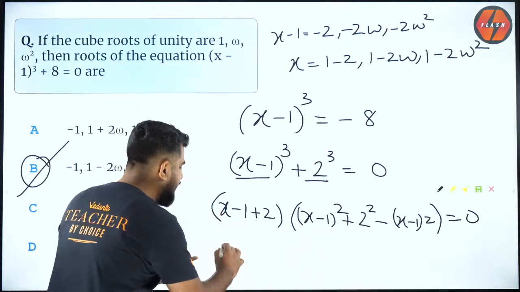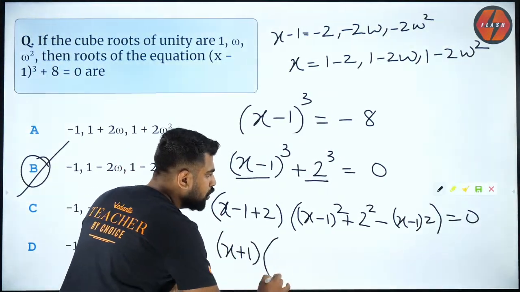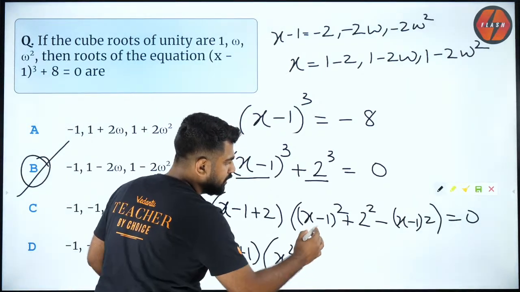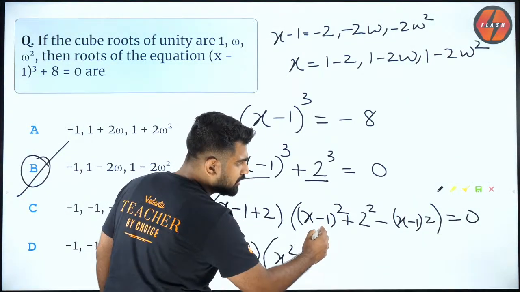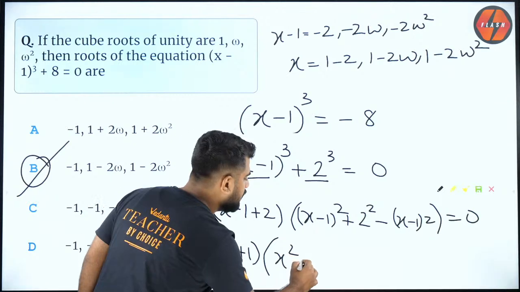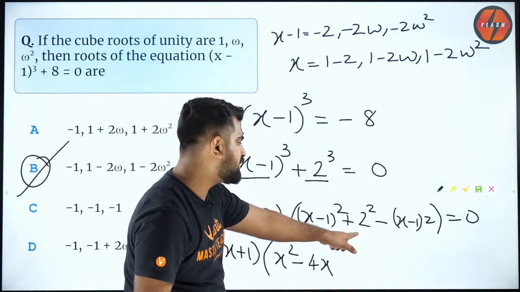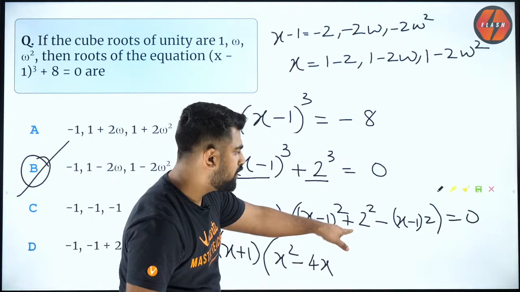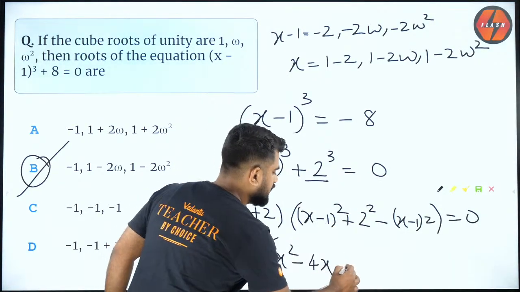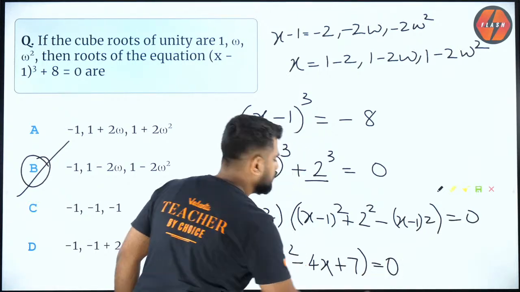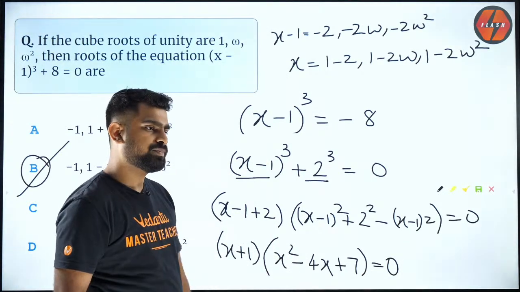So you'll have (x plus 1) into (x square, then minus 2x minus 2x, so that will be minus 4x, then plus 1 plus 4 plus 2, so that will be plus 7) is equal to 0. And then you can solve it.